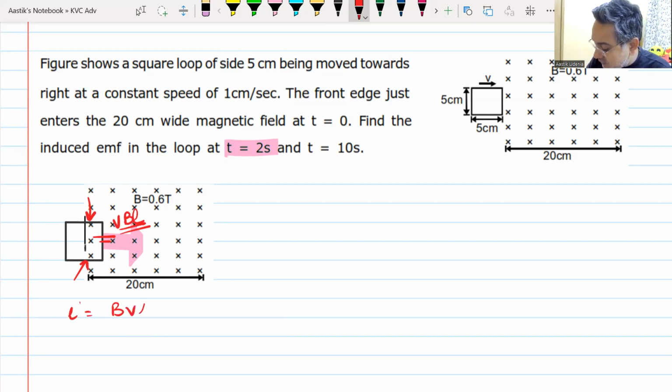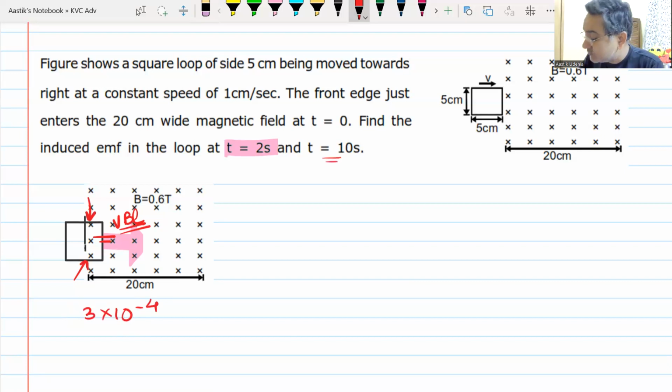VBL by R. Oh, you don't have to find out the current. You just have to find out the value of the induced EMF. VBL is the answer. You cannot multiply V with B with L. Shame on you. The answer that I have is 3 into 10 raised to the power of minus 4 volt. That is the answer I have. I don't know whether it's correct or not.